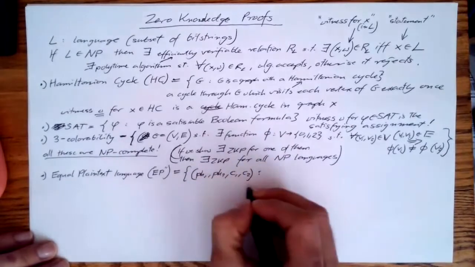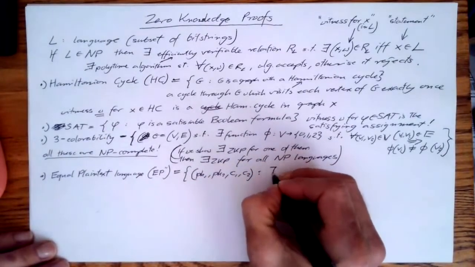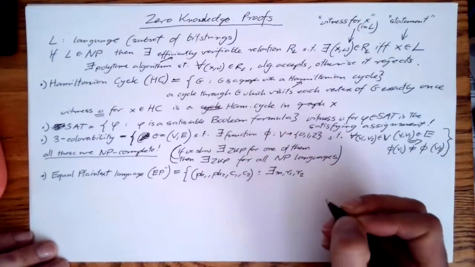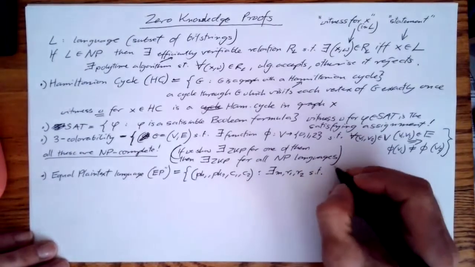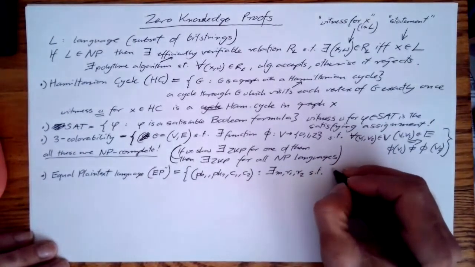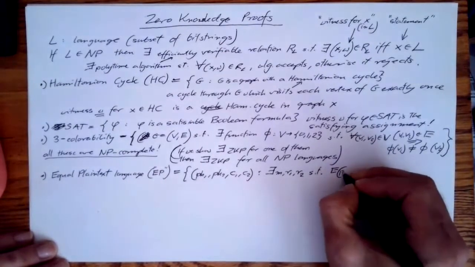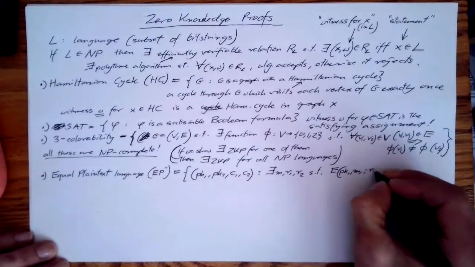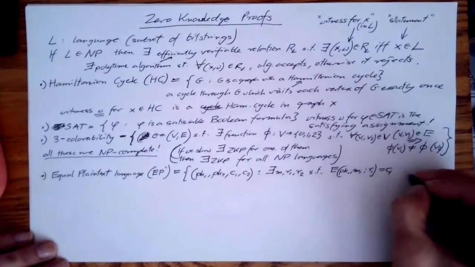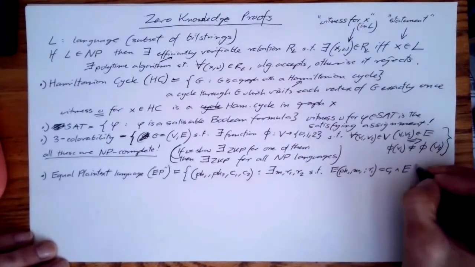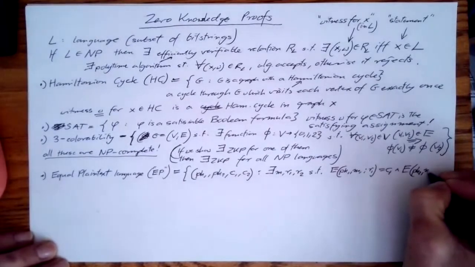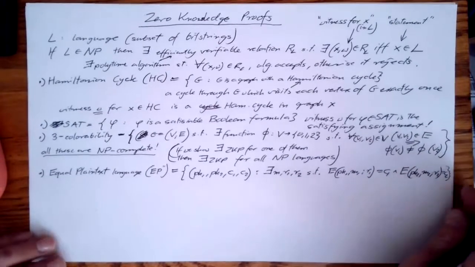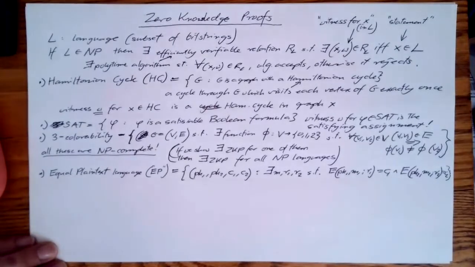And this tuple will belong in the language if there exists a message and some randomness using encryption, such that an encryption under public key 1 of message m using randomness R1 is C1, and an encryption under PK2 using R2 is C2.